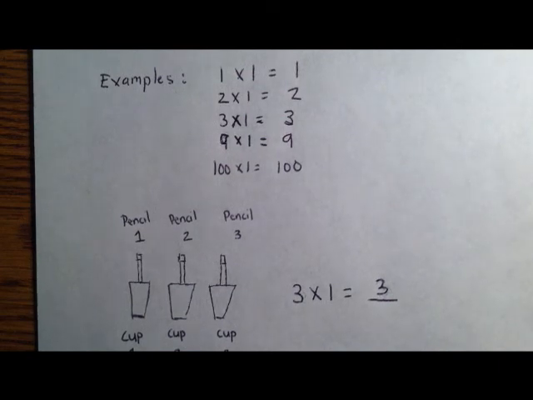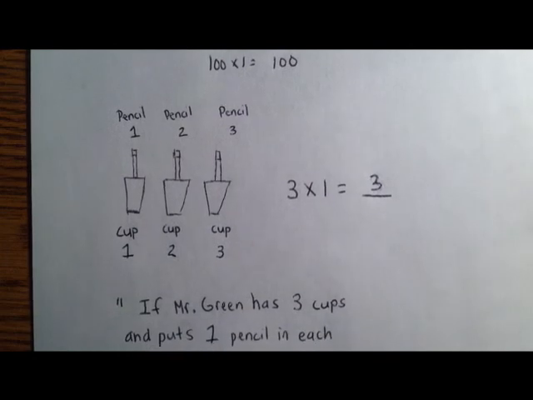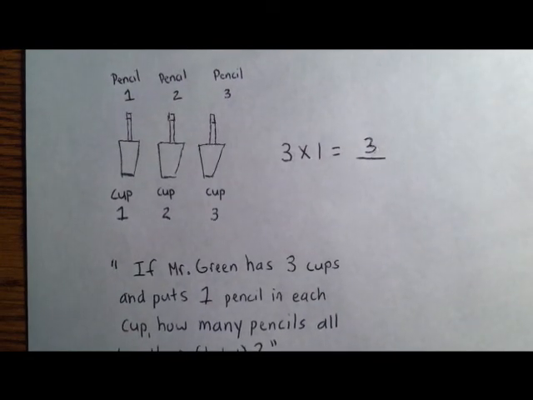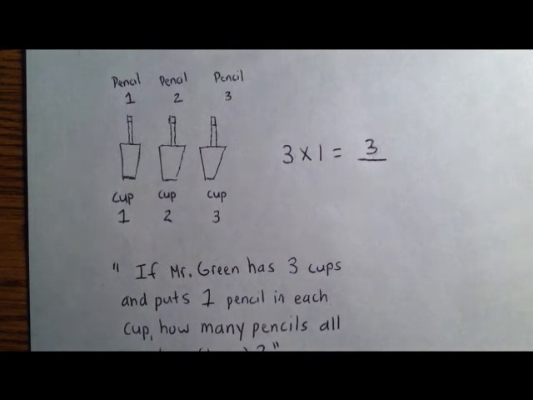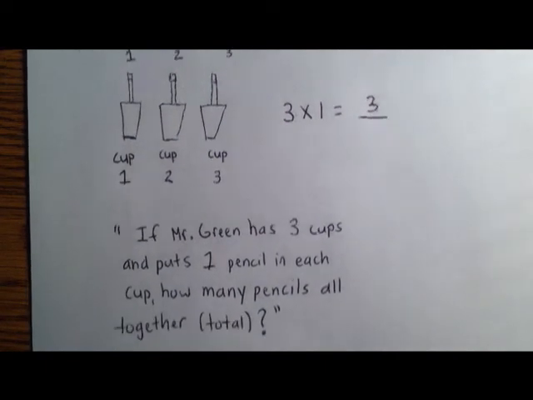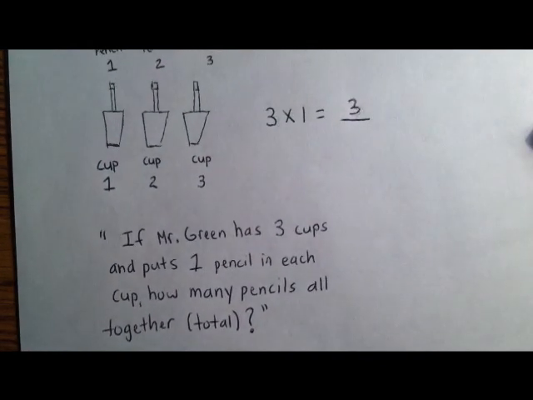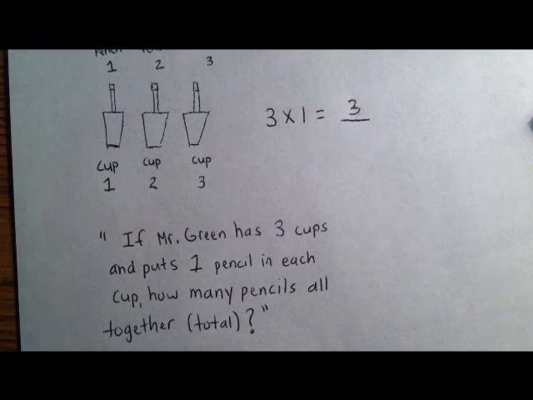There's a pattern you might be able to see. If you don't see it, it's always a good idea to draw pictures to help guide you while you're learning. I have a story problem here that shows why 3 times 1, or the product of 3 and 1, equals 3. If Mr. Green has 3 cups and puts 1 pencil in each cup, how many pencils altogether?